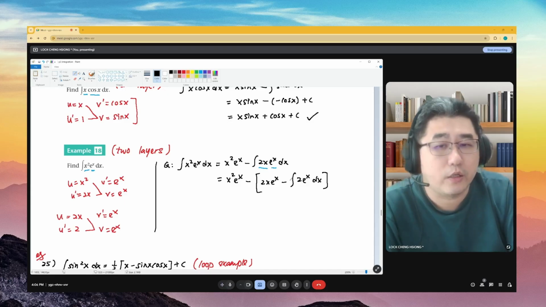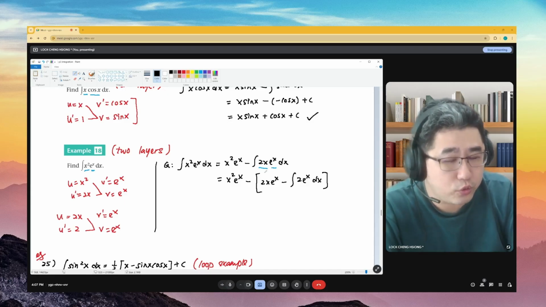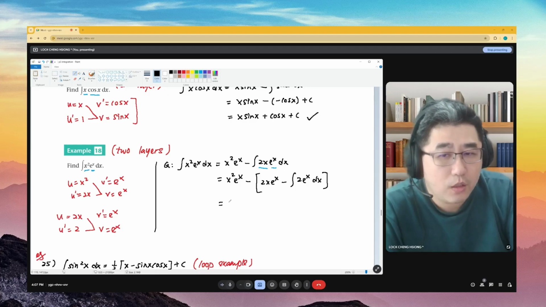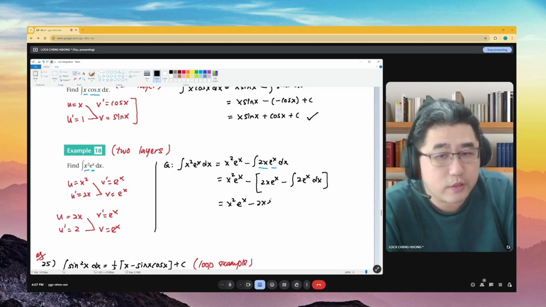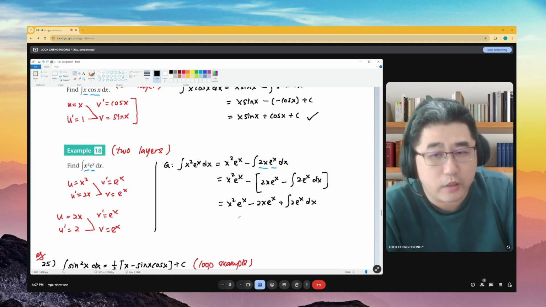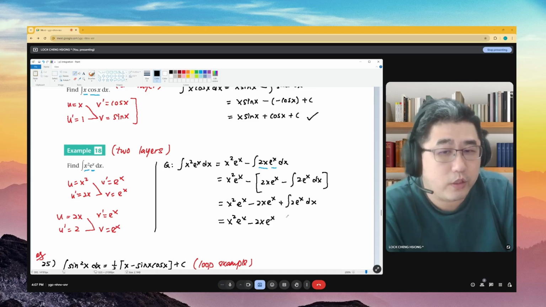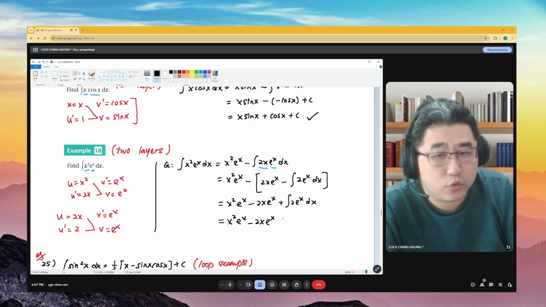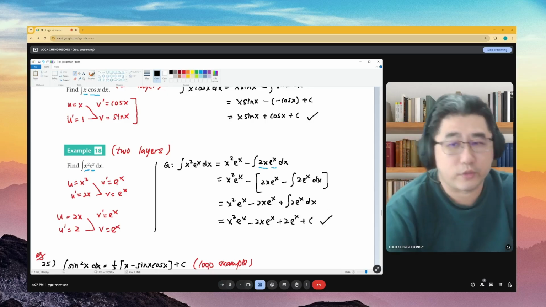Hopefully you don't make that kind of mistake. So I have x squared e^x, then minus 2x e^x, then plus the integral of 2e^x dx, so in the end x squared e^x minus 2x e^x plus 2e^x plus c. That will be your result.